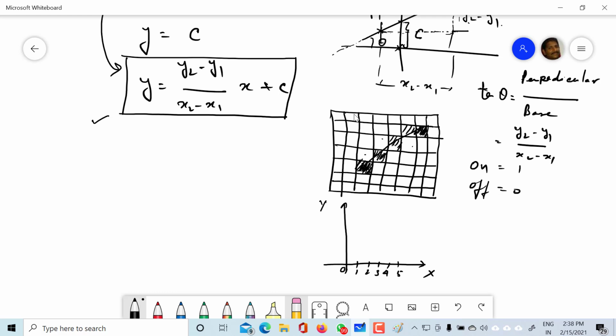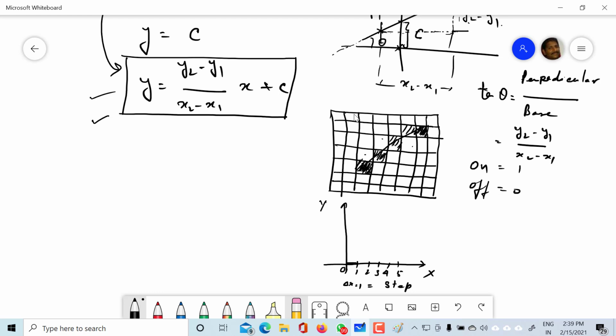That means the value of delta x is 1 in every step. Therefore, delta x is the step value. So if you are taking delta x as the base, then you have to calculate the value of y using this equation, and based on that value you can easily identify which pixel you should make in the on state.